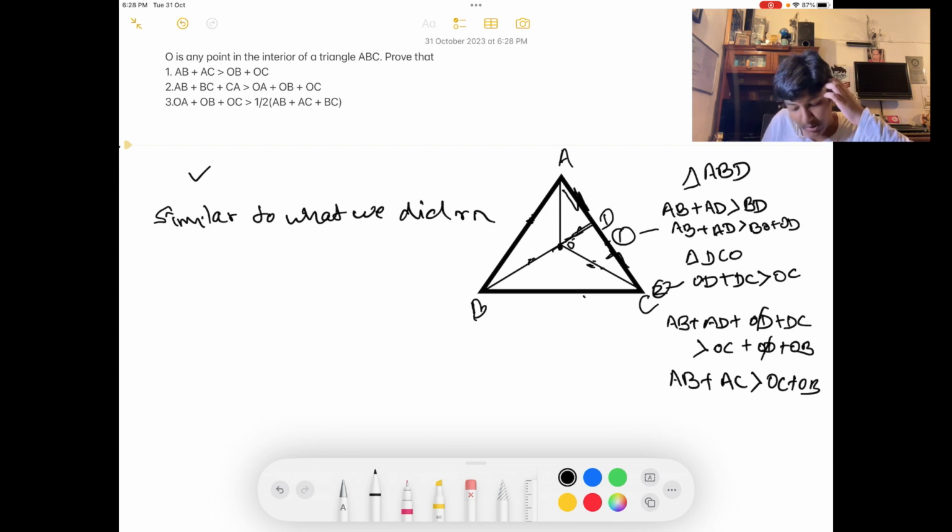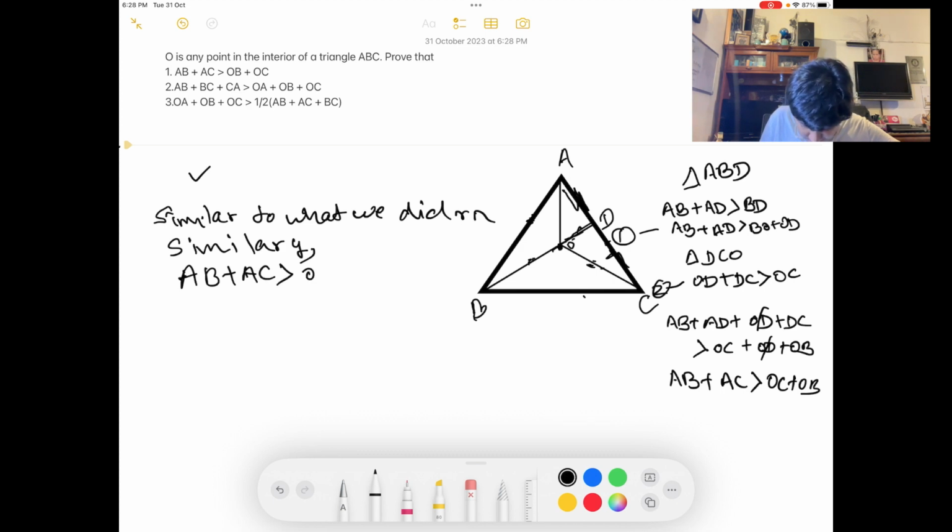So you are going to write similarly. We had shown that AB plus AC is greater than OC plus OB.